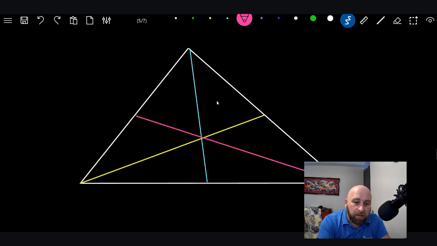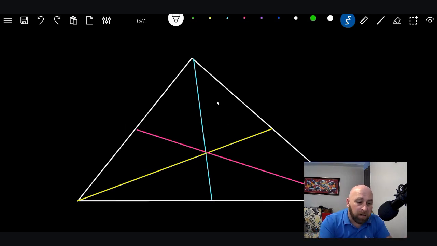But notice they create a point right here in the middle. And those are called the medians of the triangle. And notice that the medians of the triangle meet in a point that is 2/3 the distance from each vertex to the midpoint of the opposite side. And we're talking about the blue line. This blue line, this part up here is the 2/3.